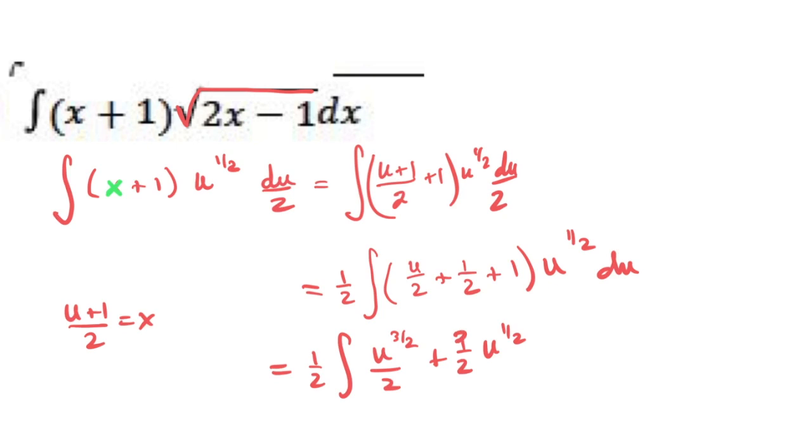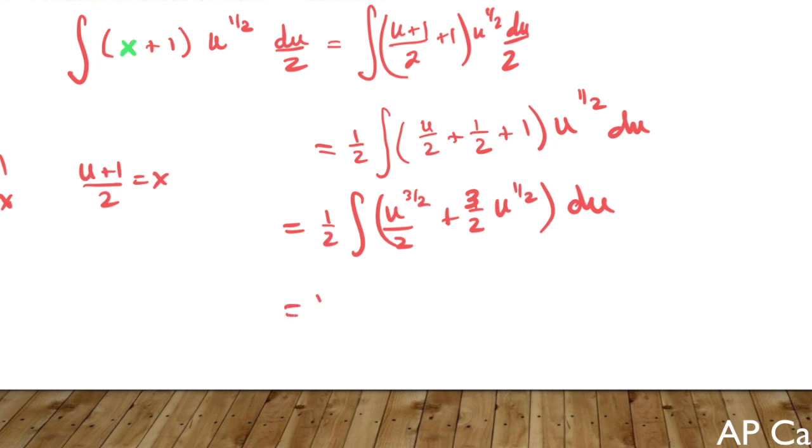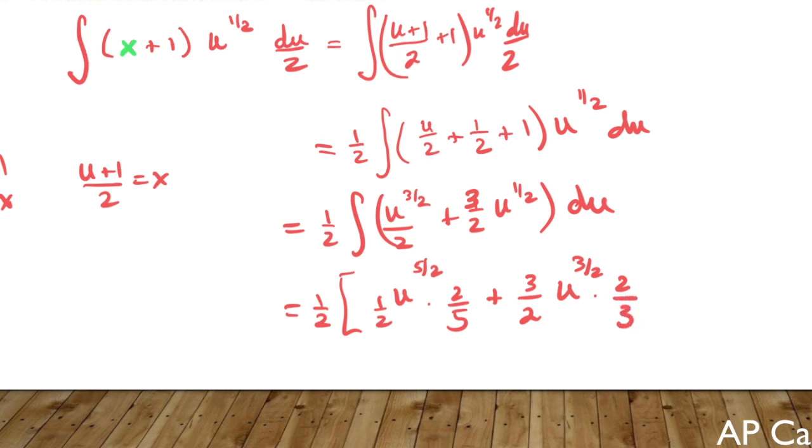Oh, let's make that 3/2. This is du. Then we're ready to integrate. 1/2 u to the 5/2 multiplied by 1/2 multiplied by 2/5 plus 3/2 u to the 3/2 multiplied by 2/3. Don't forget a nice plus c in here.